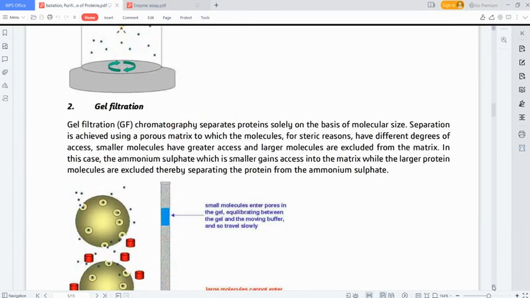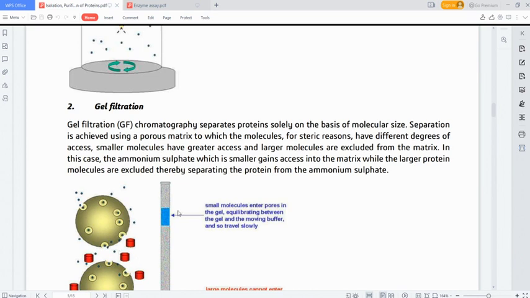Another thing you can do in removing it is using gel filtration. Since we know that the particles of ammonium sulfate are quite small, smaller than our proteins, we can use gel filtration to filter.